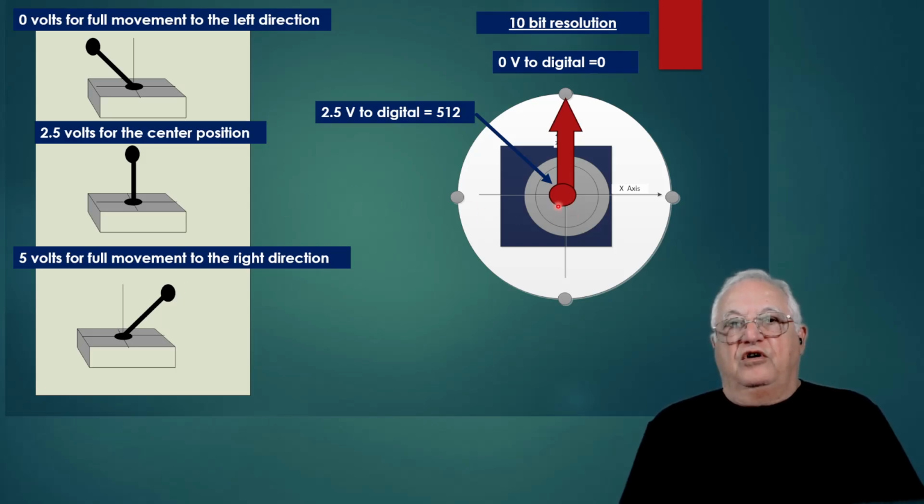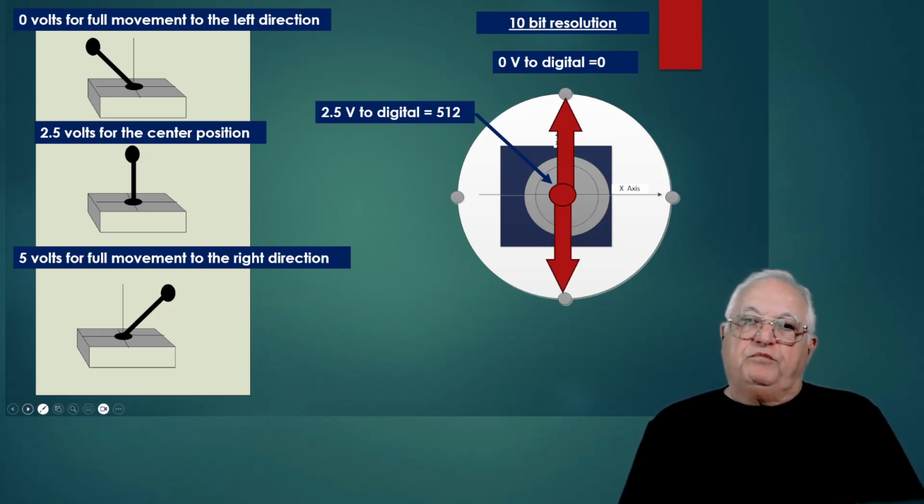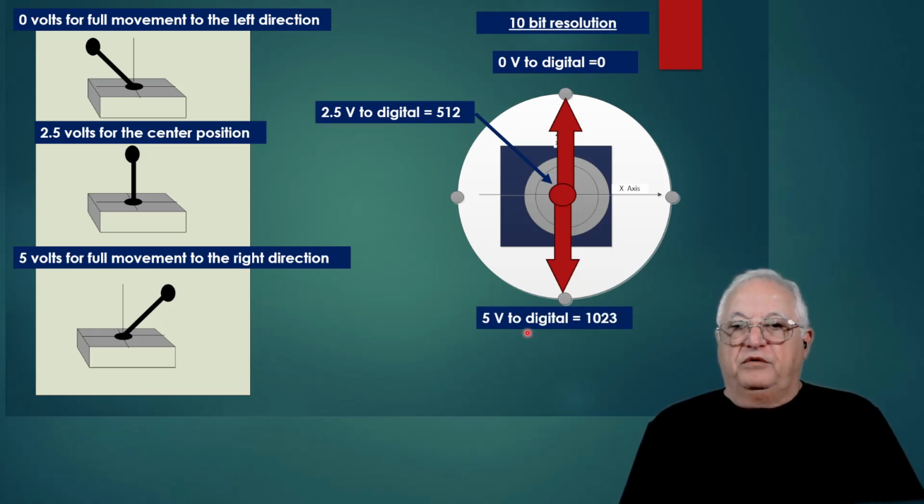The joystick on the center, which would be, like we noted, 2.5 volts, the digital value would be 512. Next, if we push it all the way down, then we would get a 5 volt output from the joystick to a controller, and that would convert it to a 1023 value. Always talking about 10-bit resolution.